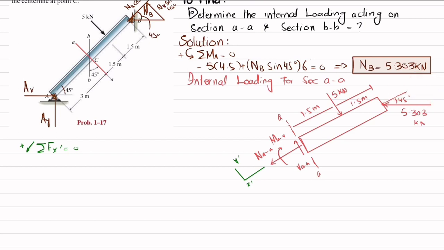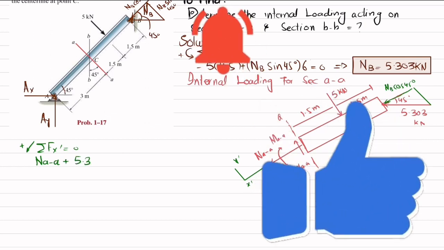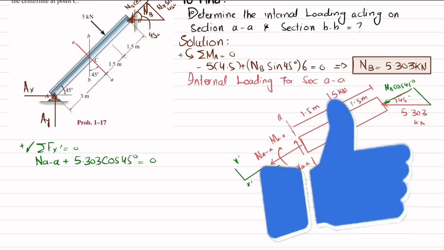So I will write it. NAA is in our positive direction. So NAA plus NB into cos of 45 degrees, where this is its vertical component and this is its horizontal component. So I will write NAA plus 5.303 into cos of 45 degrees is equal to 0.